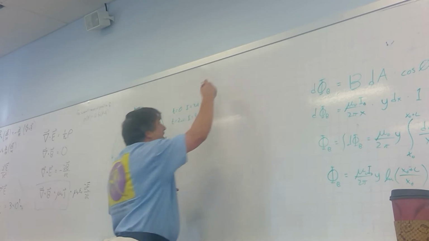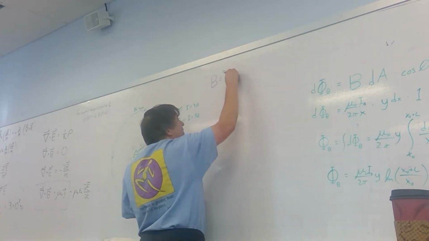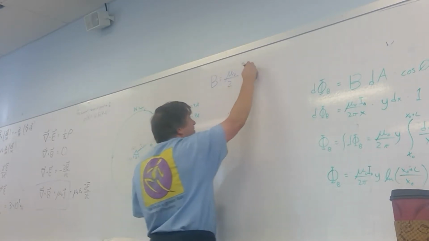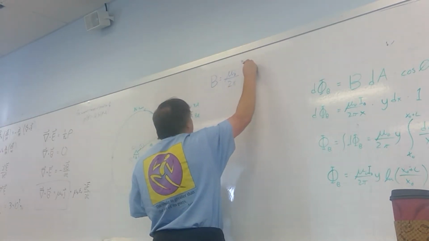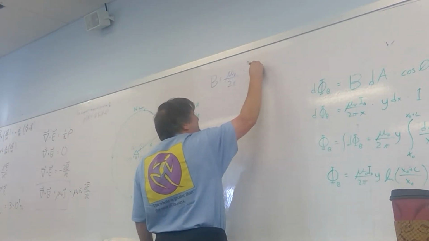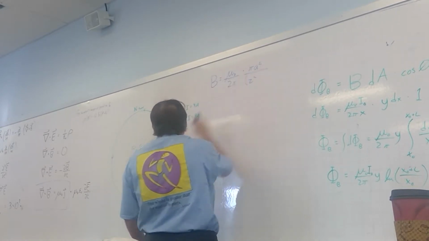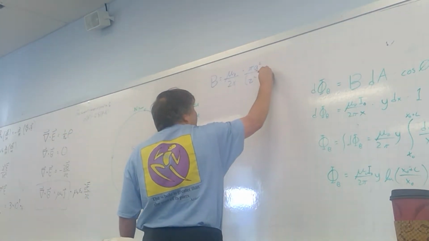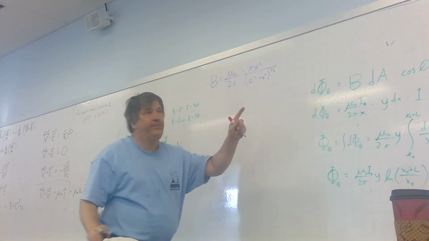The formula that we've got, and it's on your equation sheet, is mu naught over 2, it'll end up being like mu naught over 2 pi times the area of that loop, which is pi a squared, divided by z squared, your distance along the axis, plus a squared to the 3/2 power. I think there's an I in there.